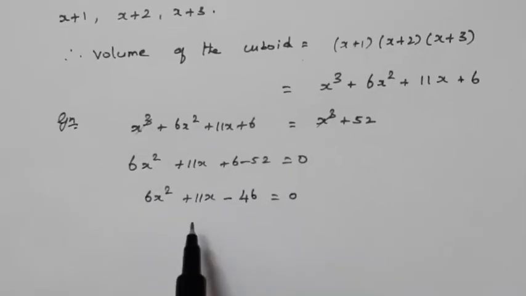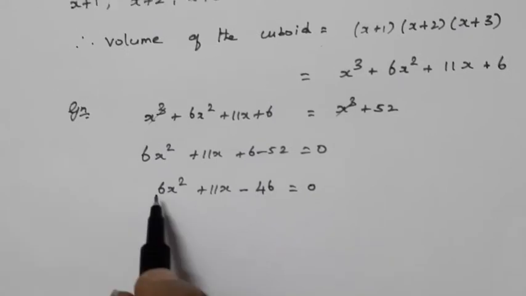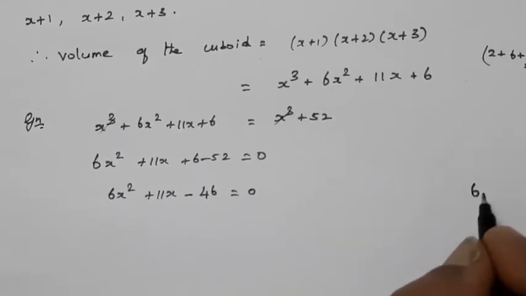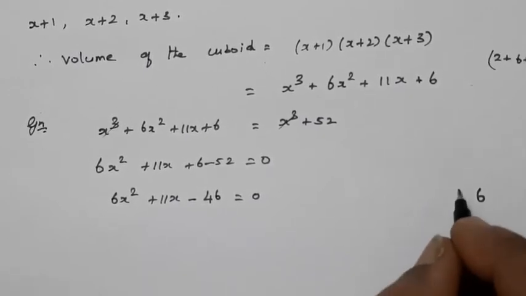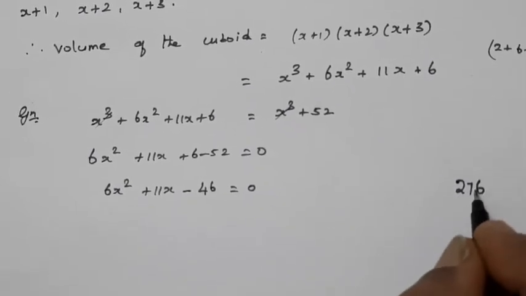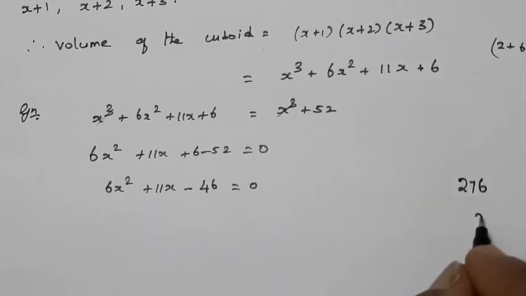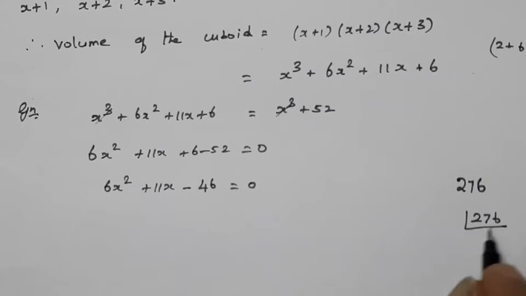So this is a quadratic equation. Let us factorize this. 6 into 46: 6 sixes are 36 and balance 10, 6 fours are 24, that is 276. So we have to find the factors of 276 whose difference is 11. In order to find this, let us find the factors by the division method.